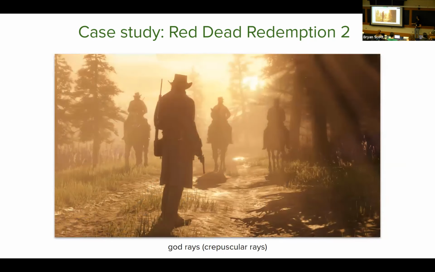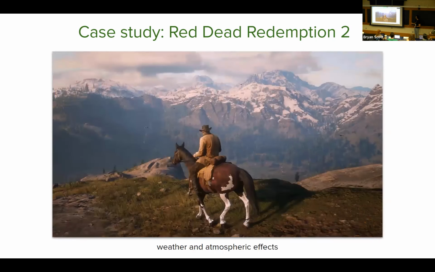Here's a scene maybe in early morning, where you have these, they call them God rays, or technically crepuscular rays, which are part of every beautiful landscape picture. The clouds, the weather, the snow on the mountains, the trees down there, they're all volumetric media, they're all volumes, not just hard surfaces.